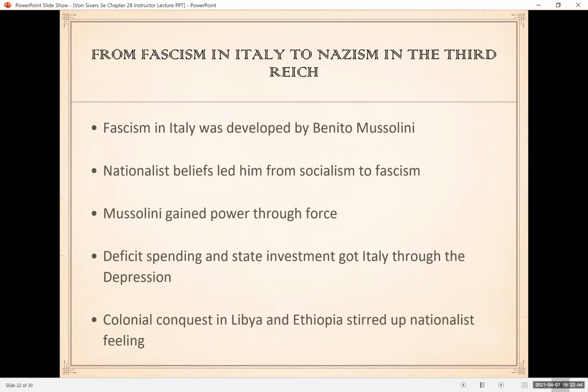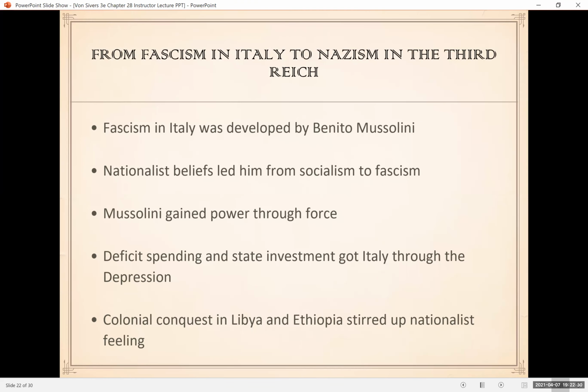It is a reaction to socialism and communism. It is not a leftist movement. It is a consciously right movement. Fascism was a response, not a support to socialism.